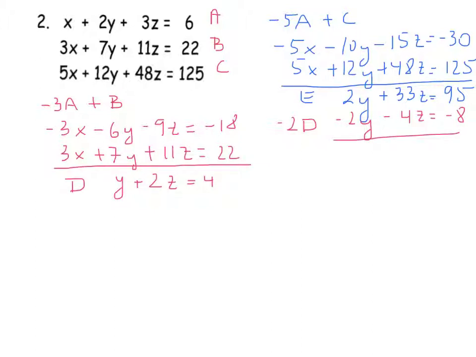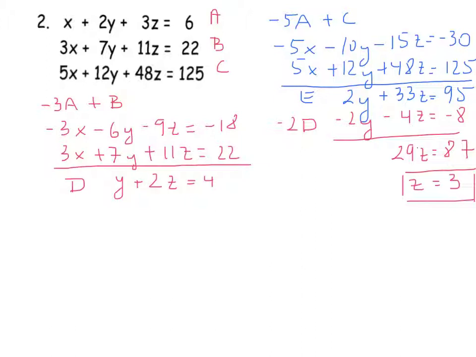So if I add the two equations, I'm going to get 29z, and that will equal 87. And 29 goes into 87 3 times. So our z coordinate of the ordered triple is 3.